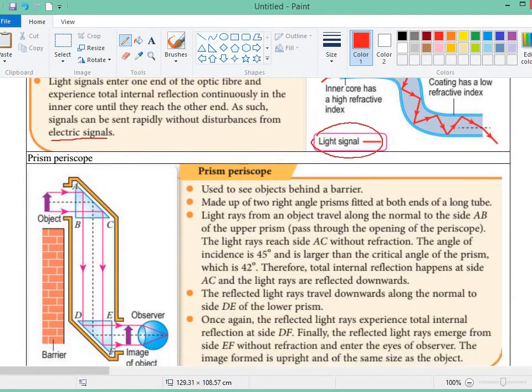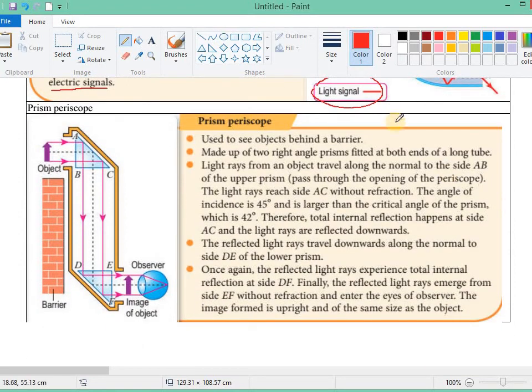All right. Next is the prism periscope, used to see objects behind a barrier. It is made up of two right-angle prisms fitted at both ends of a long tube. Light rays from an object travel along the normal to side AB of the upper prism, passing through the opening of the periscope. The light ray reaches side AC without refraction.